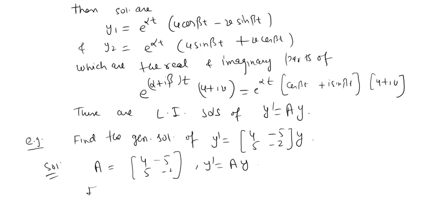If lambda is an eigenvalue of A, then the characteristic polynomial determinant of A minus lambda I equal to 0 will give eigenvalues. So I am writing 4 minus lambda, minus 5, 5, minus 2 minus lambda.